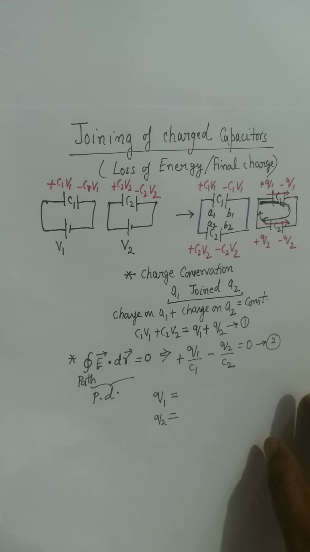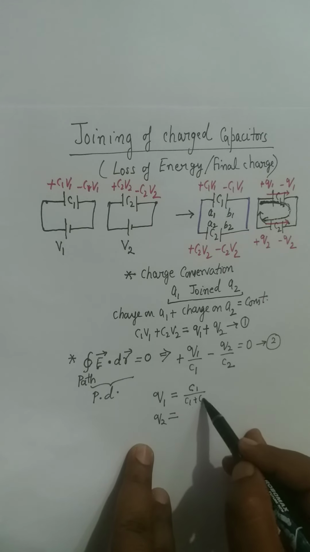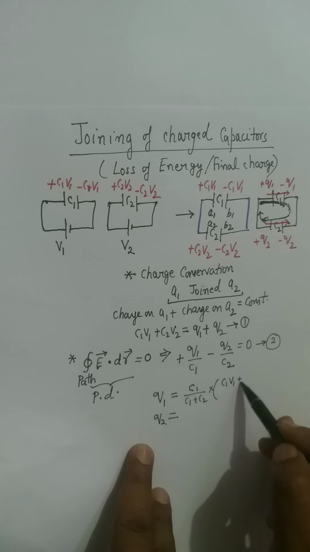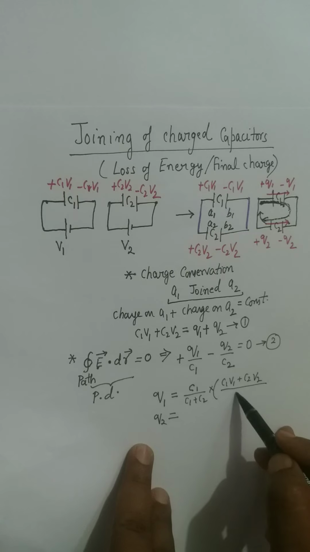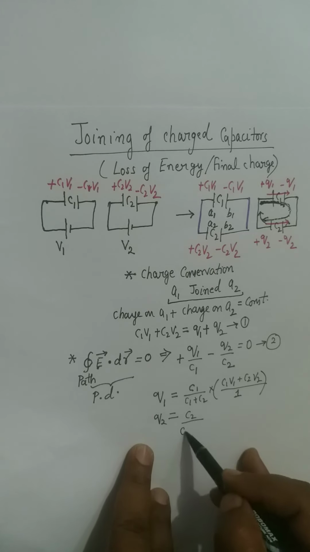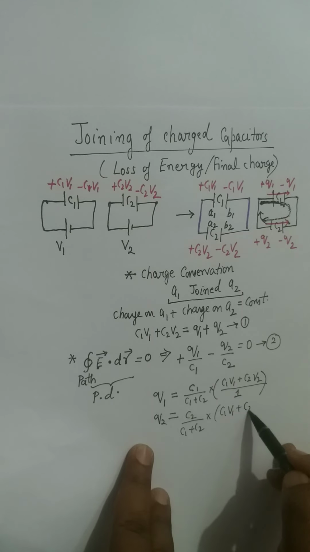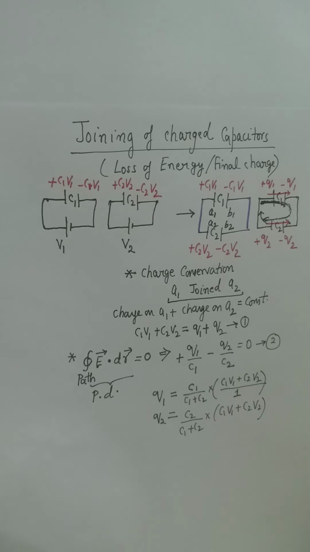If you solve, the value of Q1 will be C1 divided by C1 plus C2 times C1 V1 plus C2 V2, and Q2 will be C2 divided by C1 plus C2 times C1 V1 plus C2 V2. You can find out the charges on capacitor in this way.